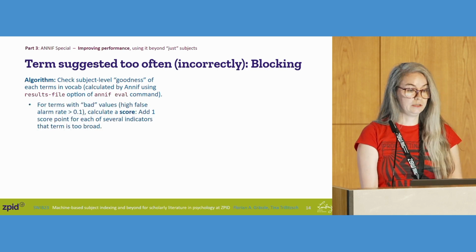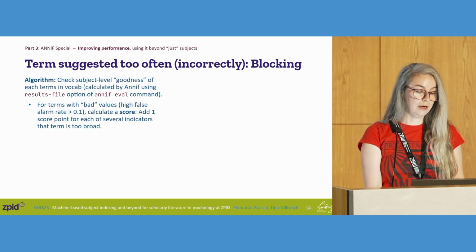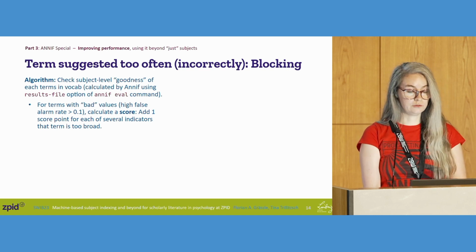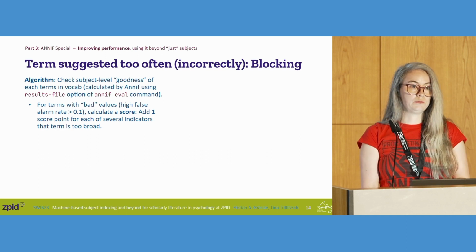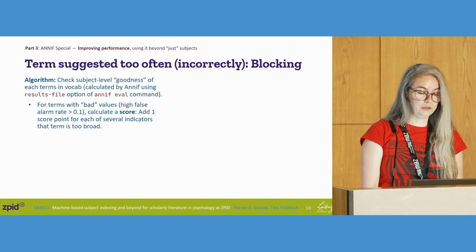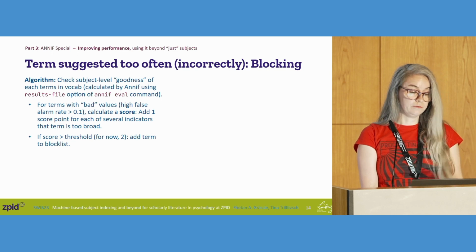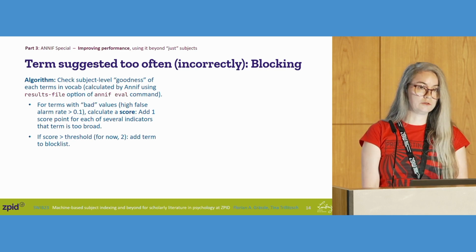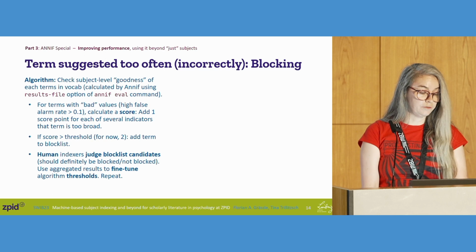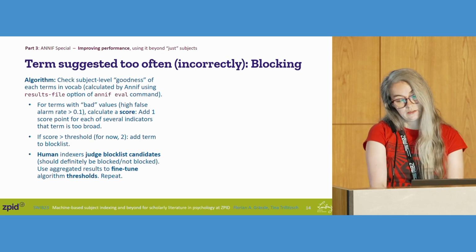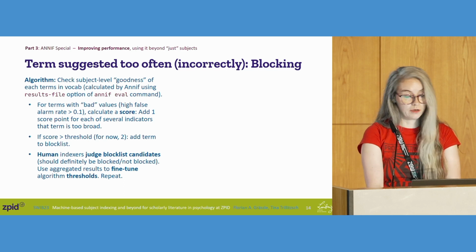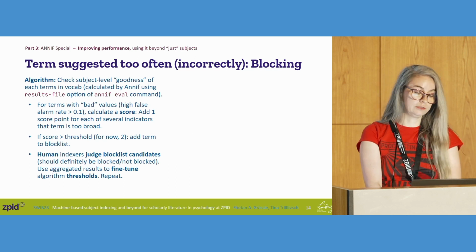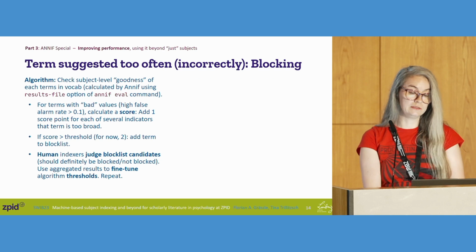And then we went through terms that have bad values, a high false alarm rate, and calculate a score, adding one point for each of several indicators that might indicate that the term may be too broad. If it reaches a threshold, we add the term to a block list and have human indexers go over this list to tell us, is this really something that you would block? And use the aggregated results to fine-tune our thresholds and repeat.